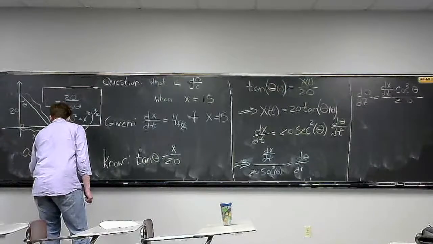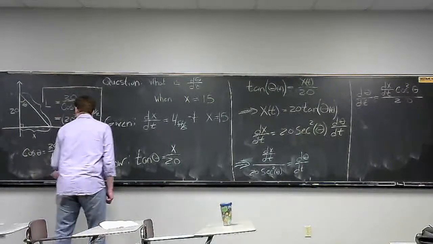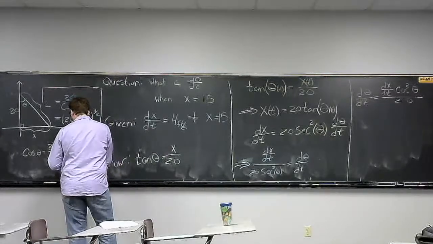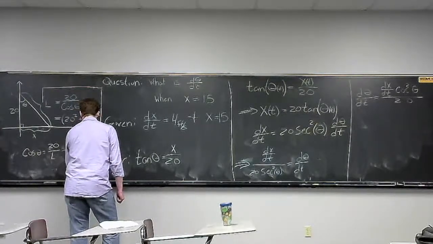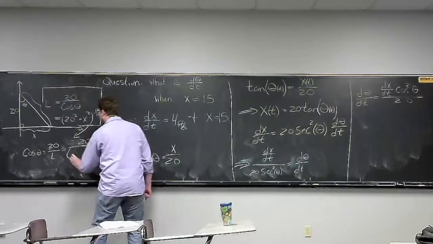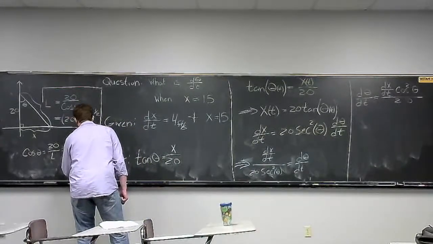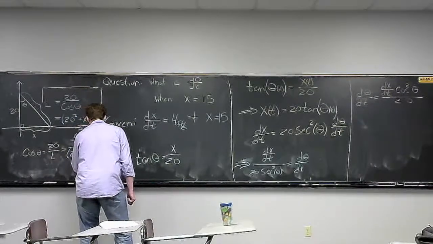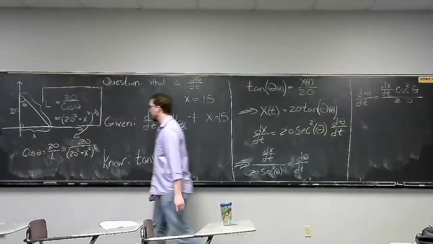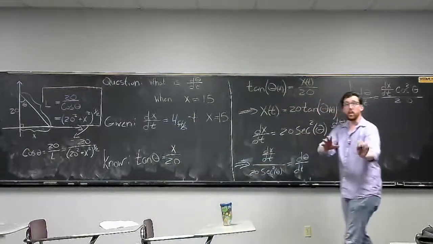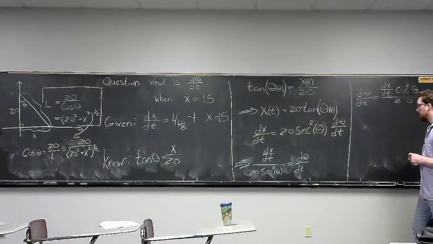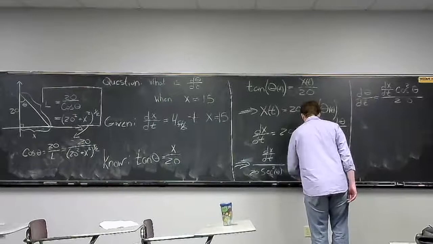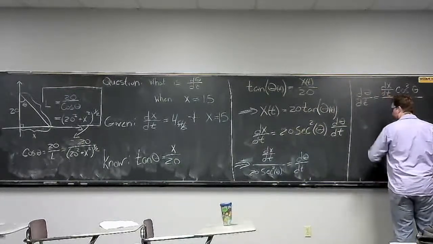So that is cosine of theta equals 20 divided by 20 squared, the quantity 20 squared, plus x squared, all raised to the 1/2 power. So we do know what cosine of theta is. And we do know what dx dt is. So all we have to do now is plug all of this together.